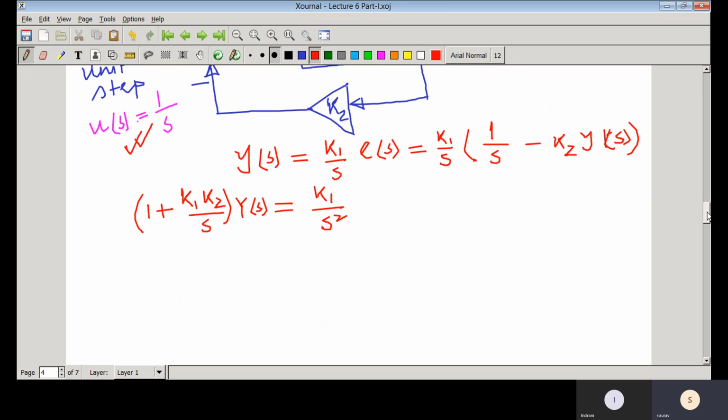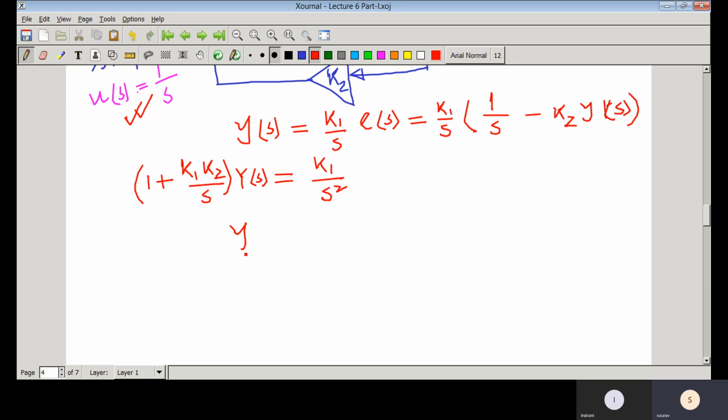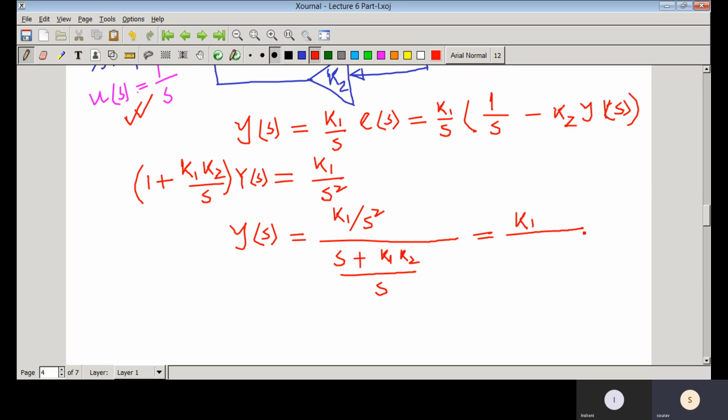So Y(s) is K1 divided by s square, divided by (s plus K1 K2) divided by s. Simplifying, you get K1 divided by s into (s plus K1 into K2).